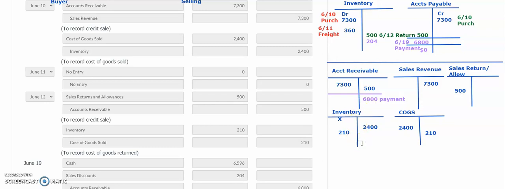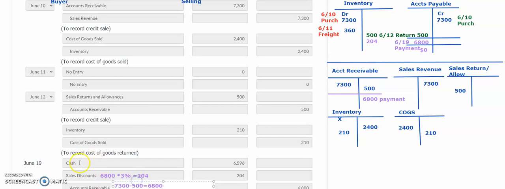The customer took advantage of the sales discount. So similar to before, we're going to take the amount that the customer owes us times the 3% discount that we have offered, and the amount of the discount is $204. And the amount of the accounts receivable was the amount of the sale minus the return, and that's the reason why we have $6,800 for our accounts receivable.